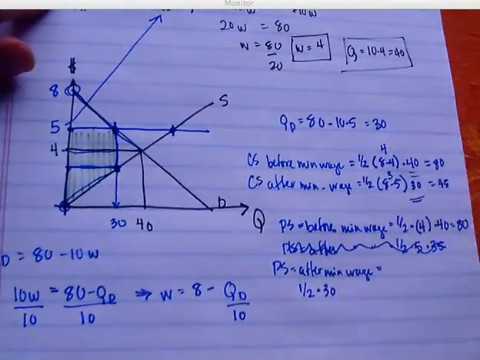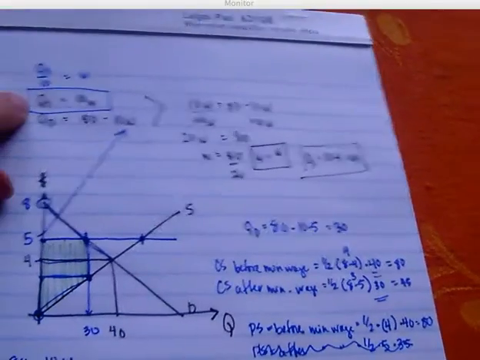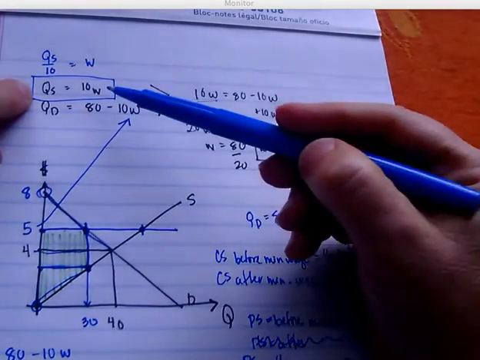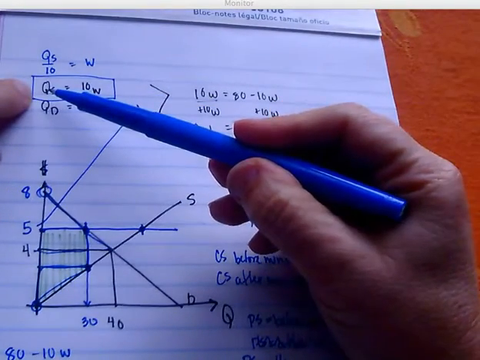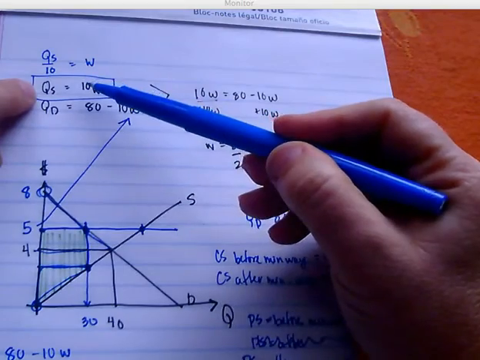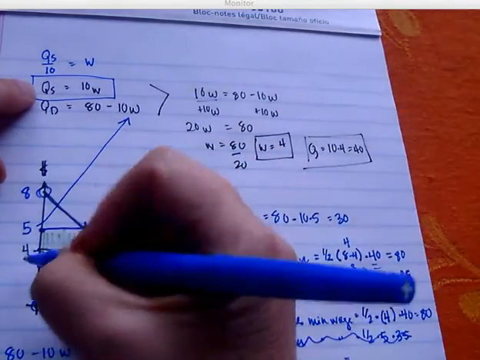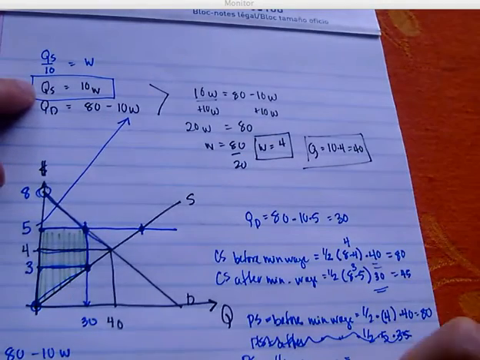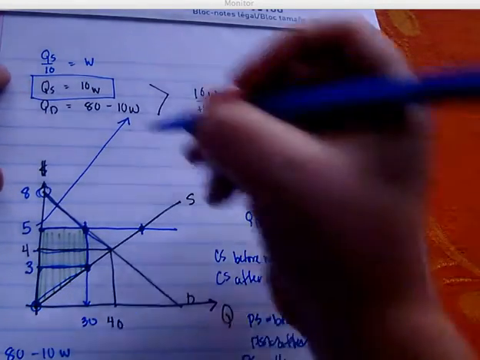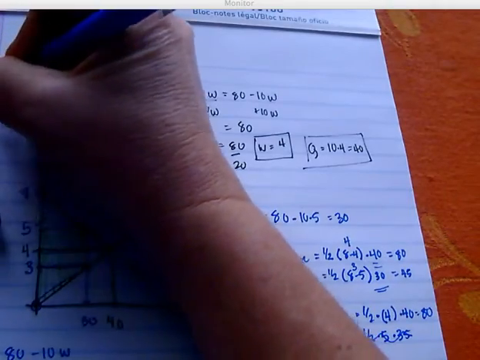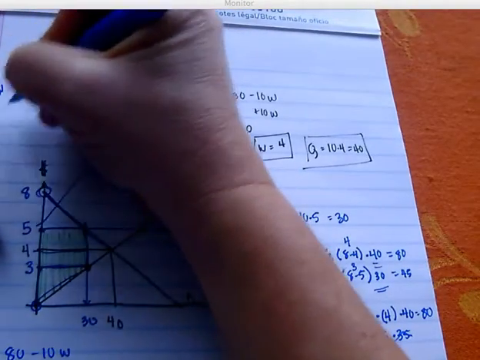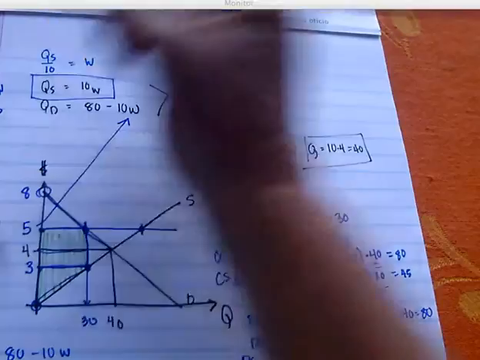What would the wage have to be for us to supply 30 units? Well, 30 equals 10 times whatever this amount is, and that would, of course, be 3. So we know that this is 3. Everybody see why? So if quantity supplied is 30, then W has to equal 3.